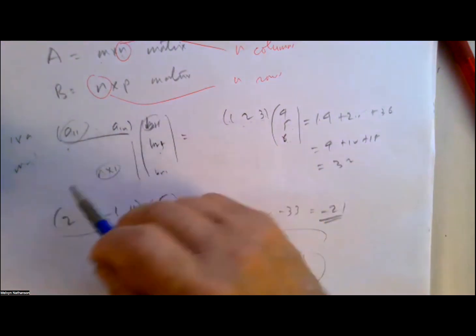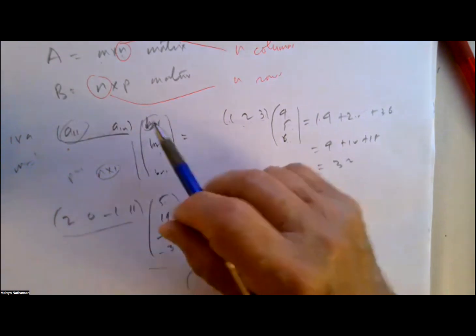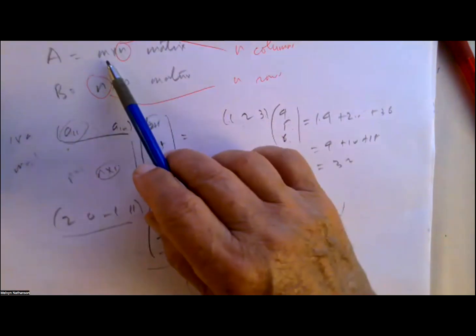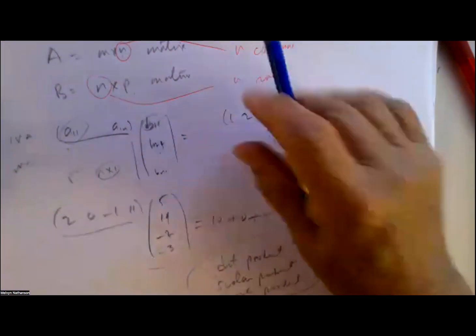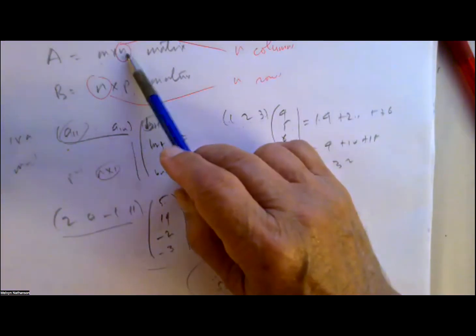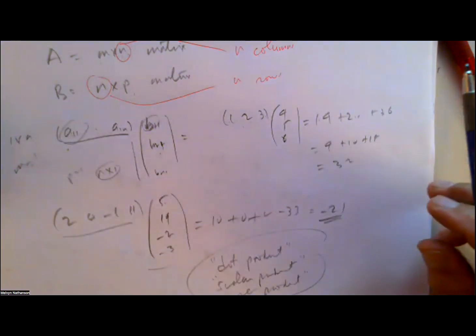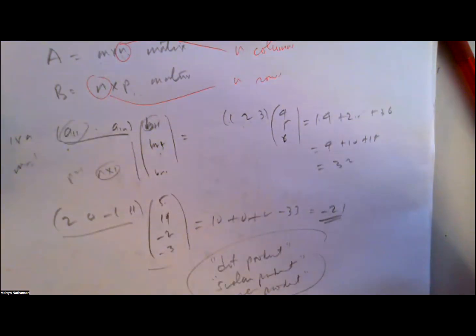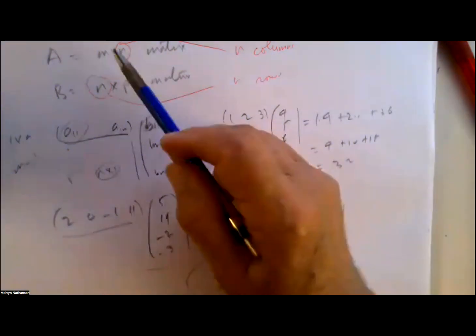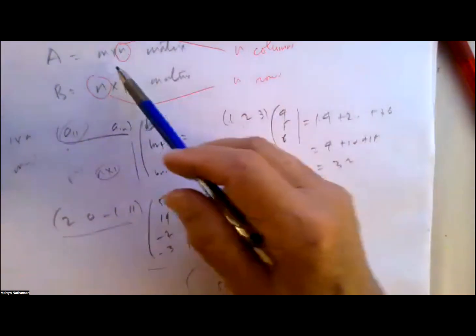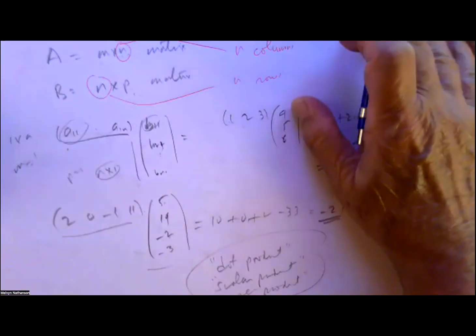So m is 1 and p is 1. But this is the rule. You can multiply m by n and n by p. M and p can be absolutely anything, but these two numbers have to be the same. Okay, but m and p can equal each other. Yeah, it makes no difference. M and p can be anything, right?